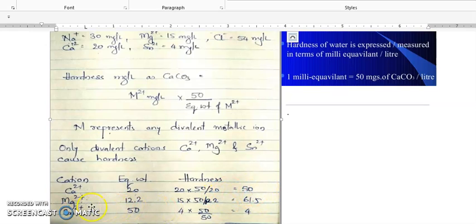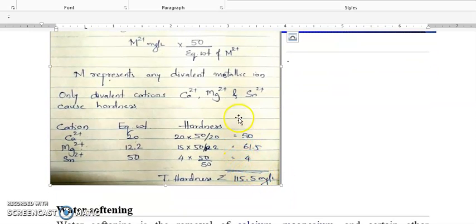Now the equivalent weight of Mg is 12.2 and the concentration of Mg given here is 15. So 15 into 50 divided by 12.2. This formula you use in all the 3. So you will get these 3 values, add all of these 3, that will give you the total hardness, 115.5 mg per liter. So this is how you are going to calculate the total hardness.